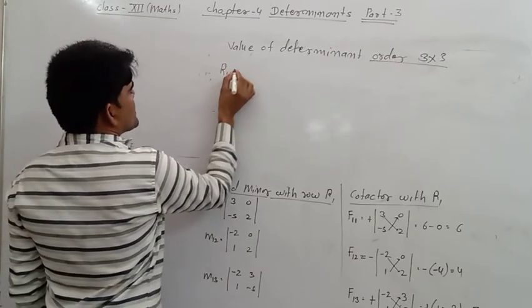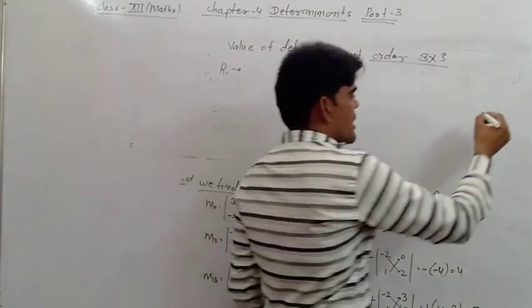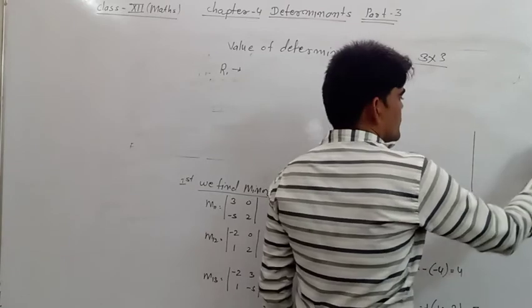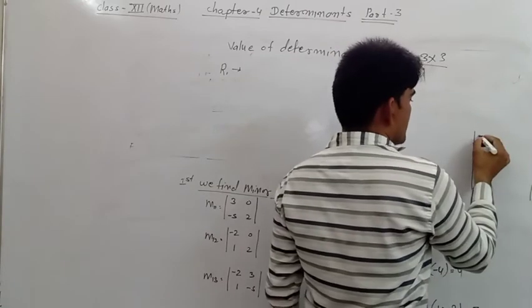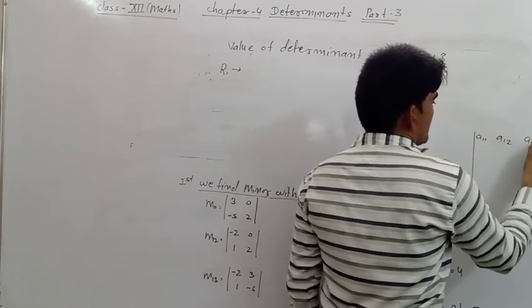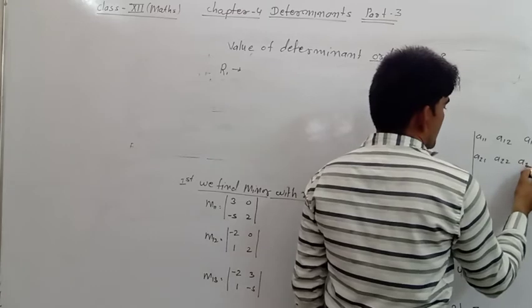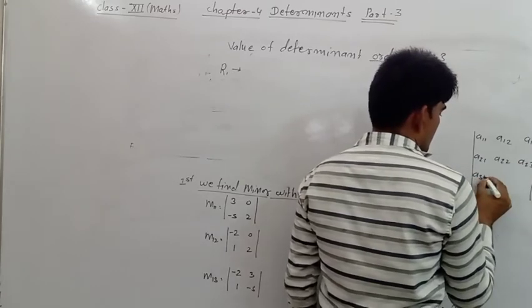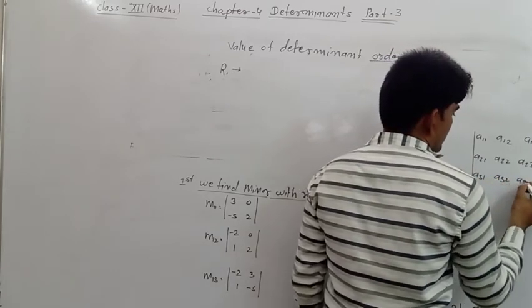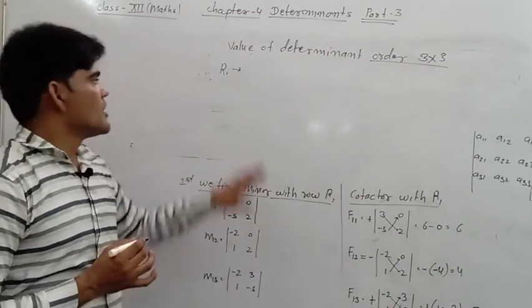We are given a determinant of order 3 by 3. Its elements are A11, A12, A13, A21, A22, A23, A31, A32 and A33. These are the simple notations.